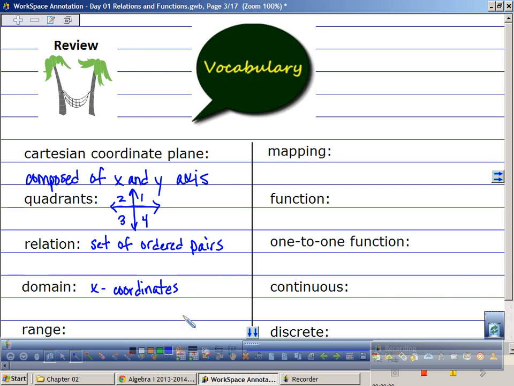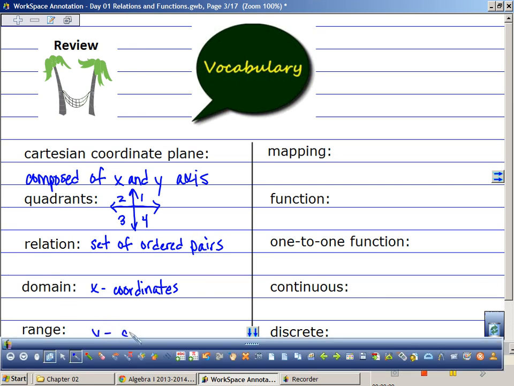What were you going to say? True, because 0, 0 would be the origin, right? Range would be my y-coordinates.